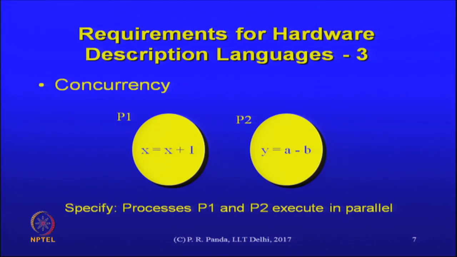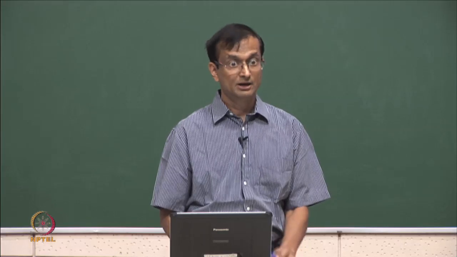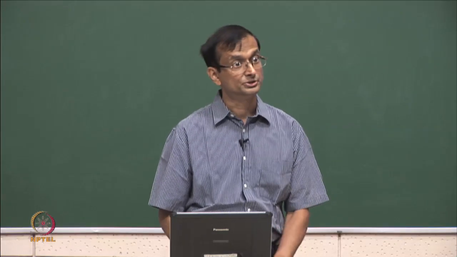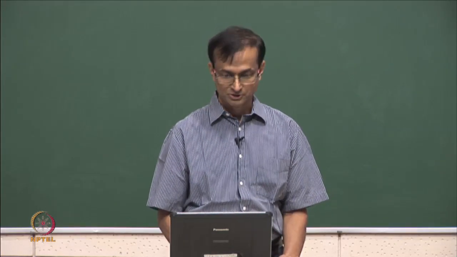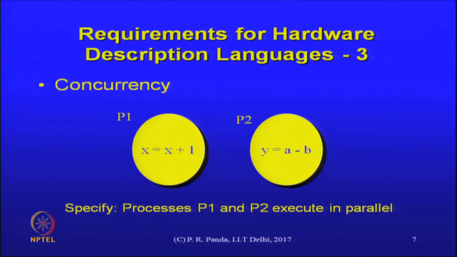You have a large net list of gates. In fact, all of them are working simultaneously. Right? All the gates are active at the same time. As long as the inputs are changing, the outputs will change. If all the inputs change to all the gates in the design, then all the gates are active and all outputs may change in response. So, concurrency is very fundamental to the way we think about hardware, and I should be able to explicitly model that in my design.